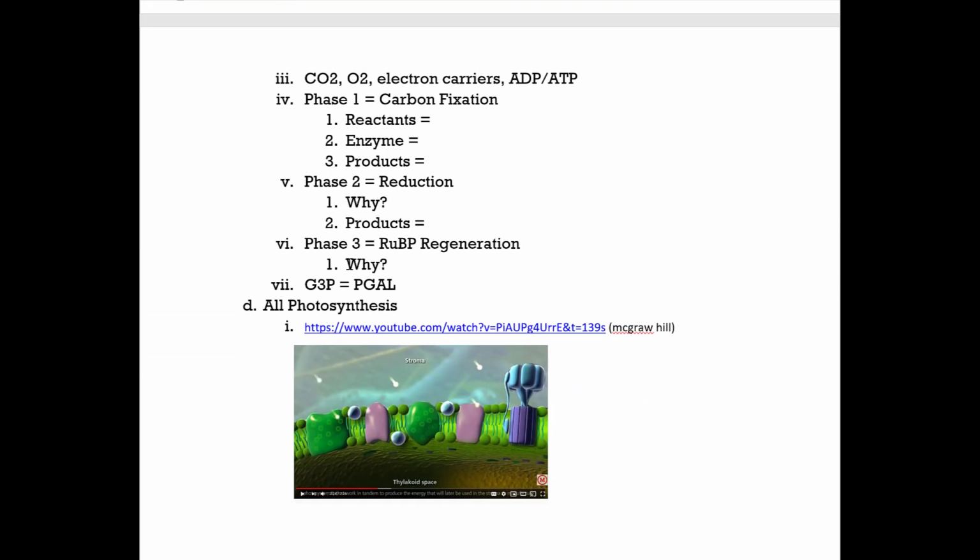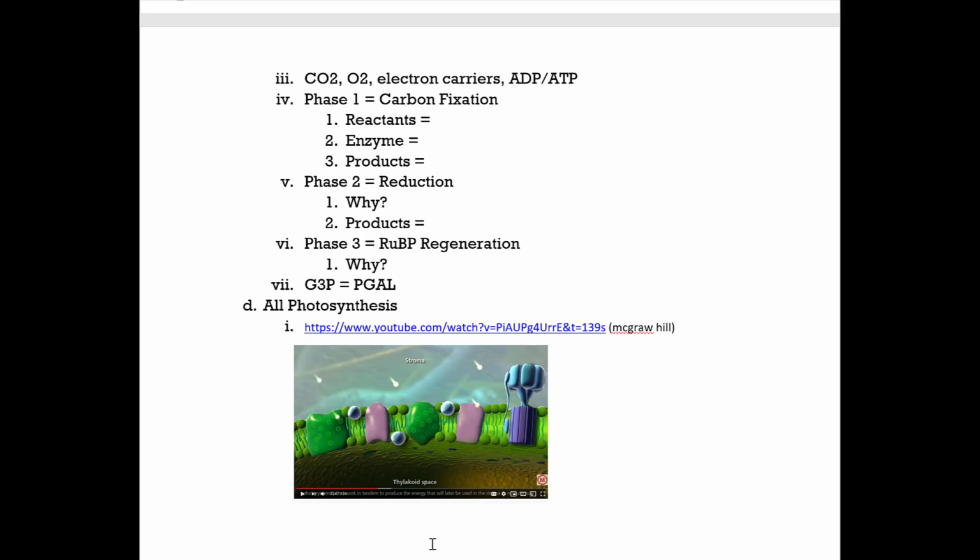And the purpose of regenerating RUBP is to have the scaffolding to fix carbon, to take carbon that was in an inorganic molecule and put it into an organic molecule. And now living organisms can use that new carbon as a source for building the macromolecules. And then also remember that G3P is PGAL.